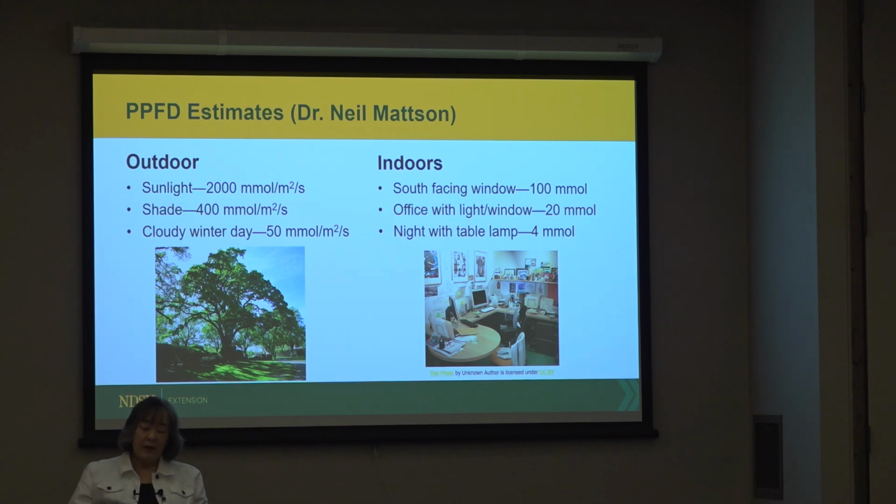I'll tell you, in my office at NDSU, I set up my light meter, I had only six micromoles in my office. And then if I'm working on my kitchen table at home with a table lamp, maybe 4 micromoles. So showing you how light deprived we are indoors versus outdoors.